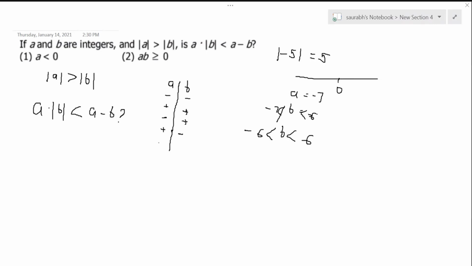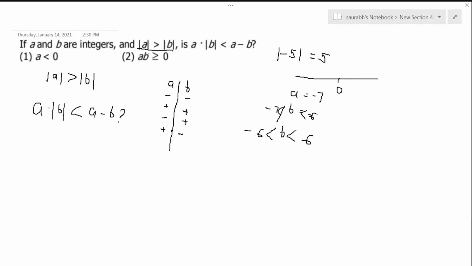What do you think? Can A be 0 in this case? No, because A is farther from 0, as I told you.